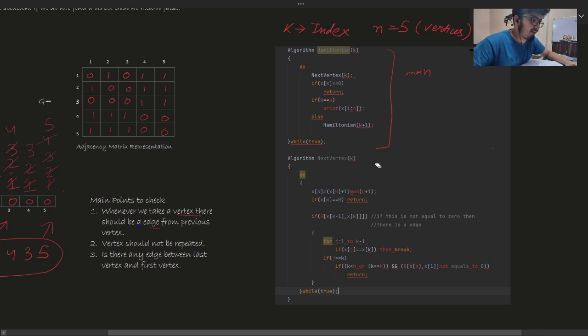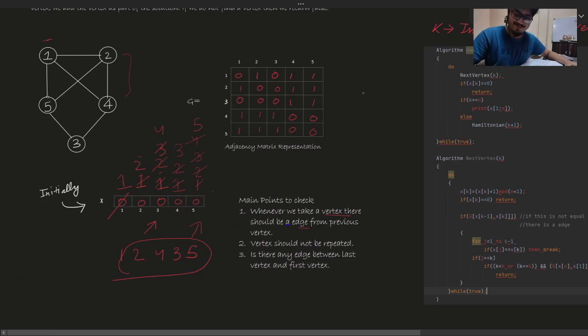Let us start from here. I'm erasing this because I will show you from the algorithm itself.